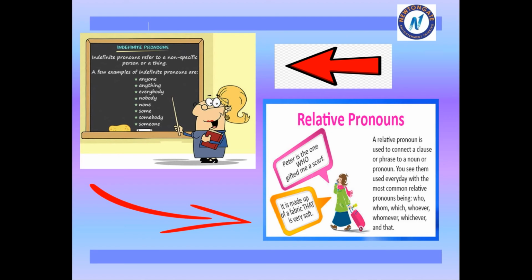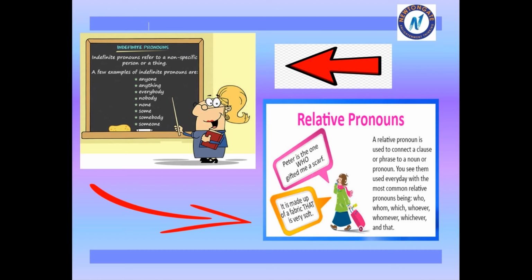These are all examples of indefinite pronouns. They refer to a non-specific person or thing. You are not telling about some specific person. You are telling anyone can do this. You are not telling that Rahul can do this. You are telling that anyone can do this. So this one is a part of indefinite pronouns.